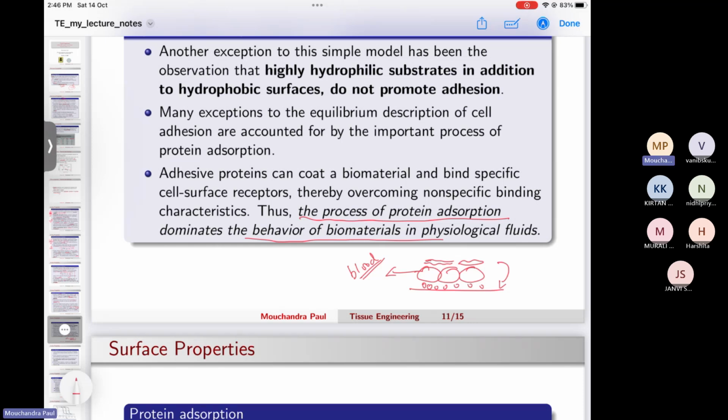What kind of proteins are getting adsorbed on the biomaterial surface will dictate what the cell sees first, and then it will dictate whether that material or device is going to be rejected by the body, or how the host will react in the presence of that foreign material.